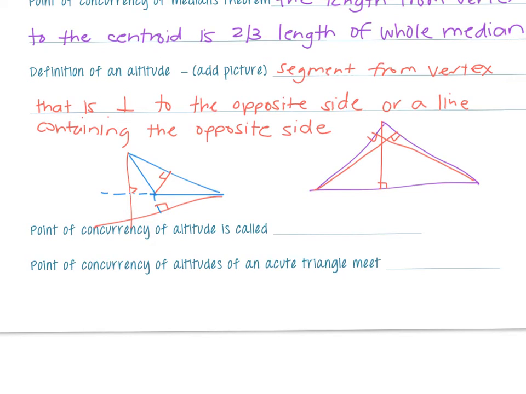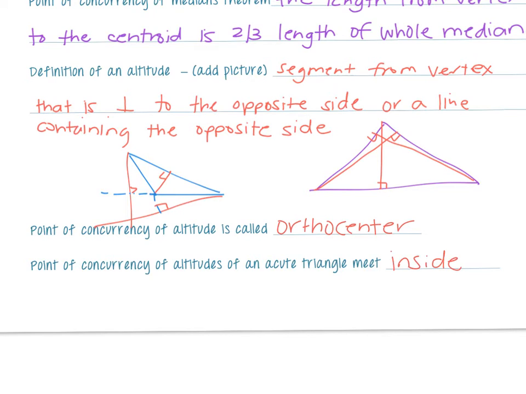We already used center, right? Orthocenter. So the point of concurrency is orthocenter. And we just said acute would meet inside. Right meets on, and obtuse outside.